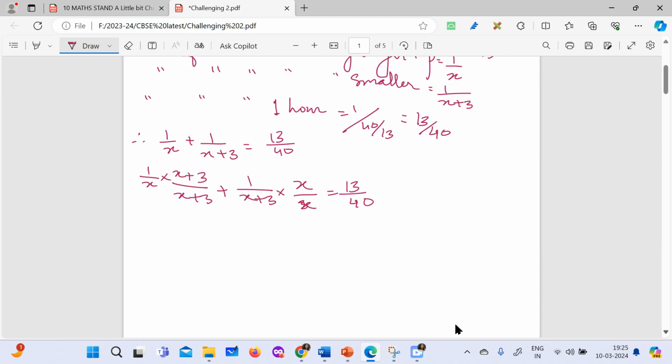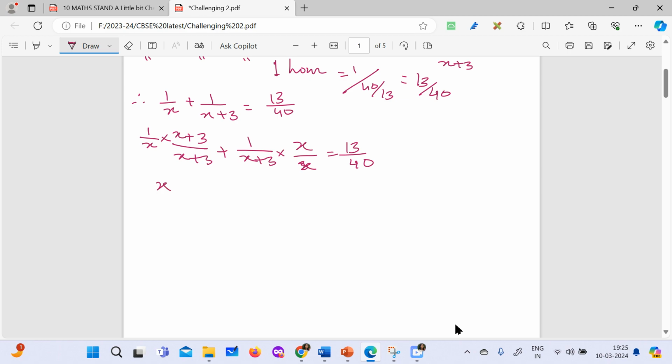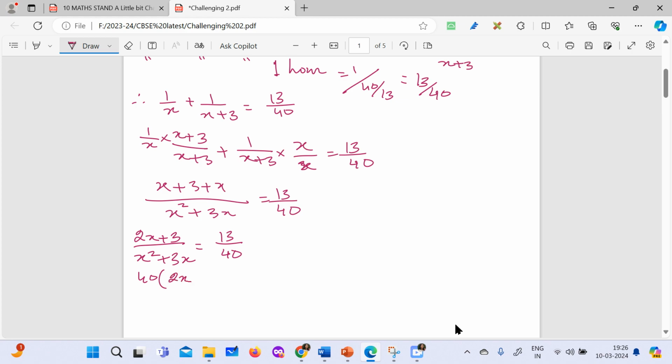So this will be x plus 3 plus x over x square plus 3x, equal to 13 over 40. We can further simplify this as 2x plus 3 over x square plus 3x, equal to 13 over 40. Now we can cross multiply, and 40 times 2x plus 3 is equal to 13 times x square plus 3x.